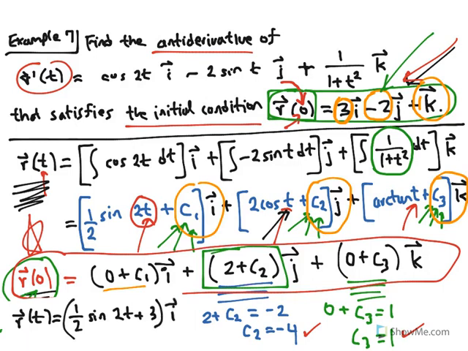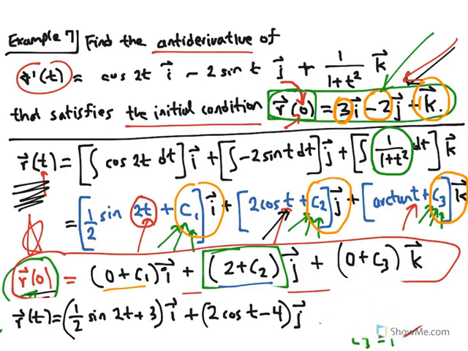Multiply that by the standard unit vector i, plus c sub 2 was found to be negative 4, so we're going to write plus 2 times cosine of t minus 4 j, and then c sub 3 was found to be 1, so now we're going to have plus arctangent of t plus 1 k.